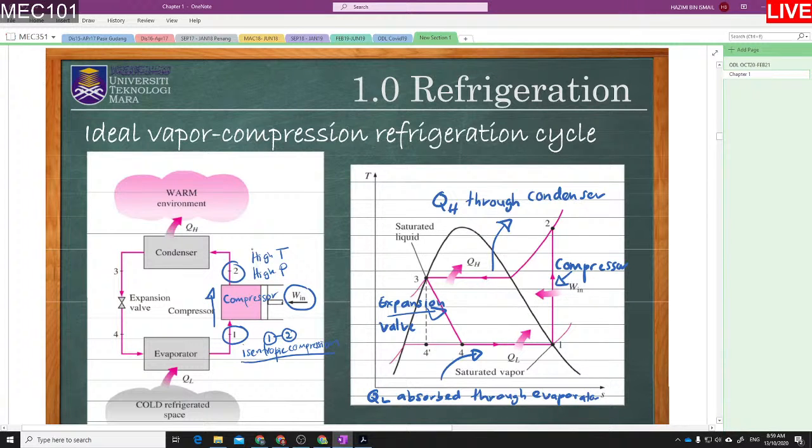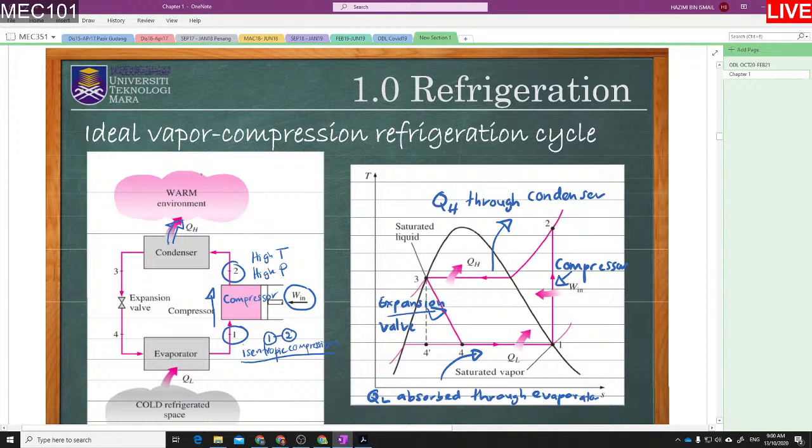Okay, this is high temperature and high pressure. You put it in the condenser, so the temperature will drop because heat is transferred to the surrounding, meaning to outside your house.